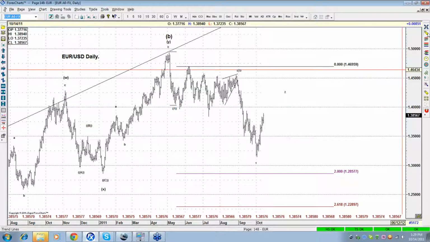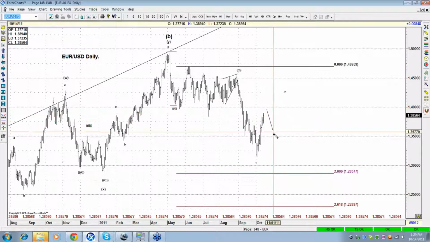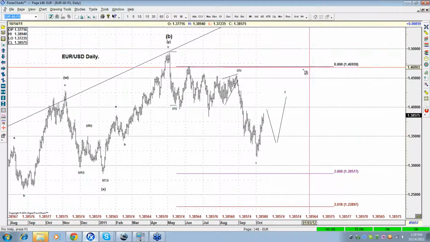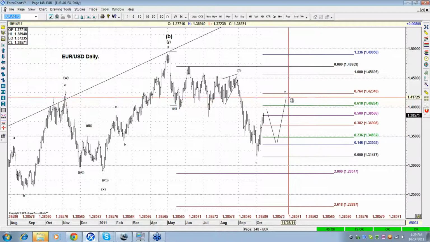Now, what I'm expecting is this. I'm expecting the euro to go as high as 142.34. Maybe am I wrong? That's what I'm expecting. That's my principal count. I won't change it until you prove me wrong.